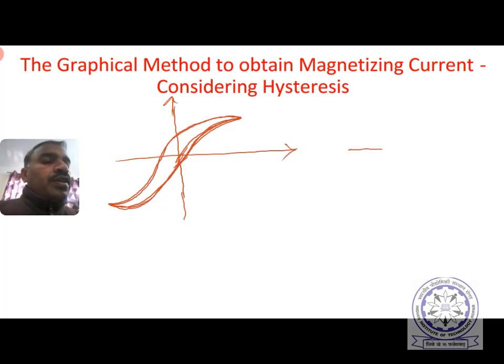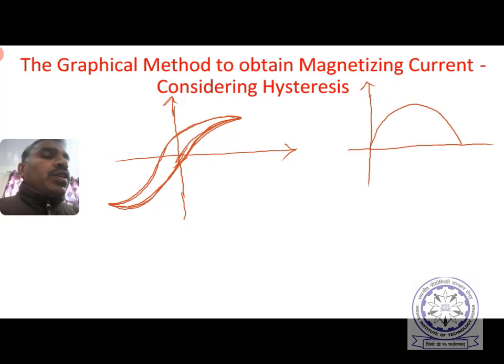Now here again in the same manner, I am drawing the flux waveform, which is 90 degrees lagging with respect to voltage. This is the flux waveform, phi t.